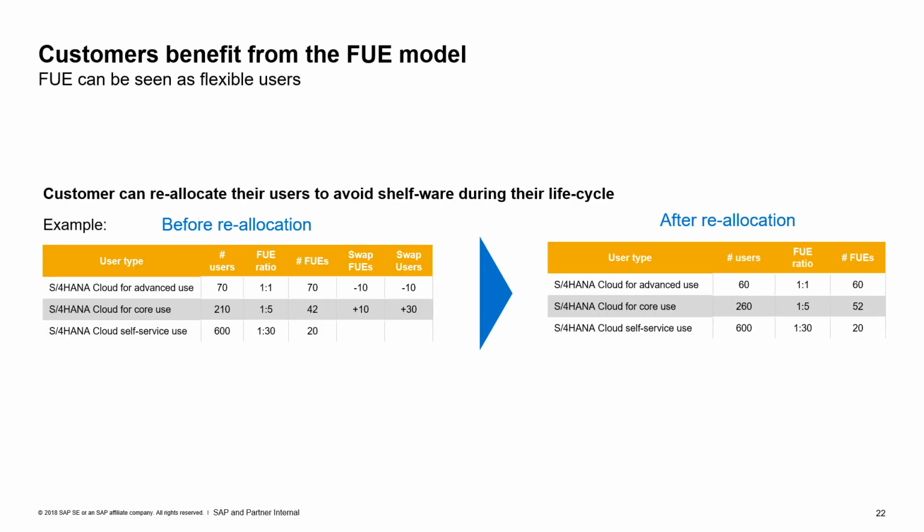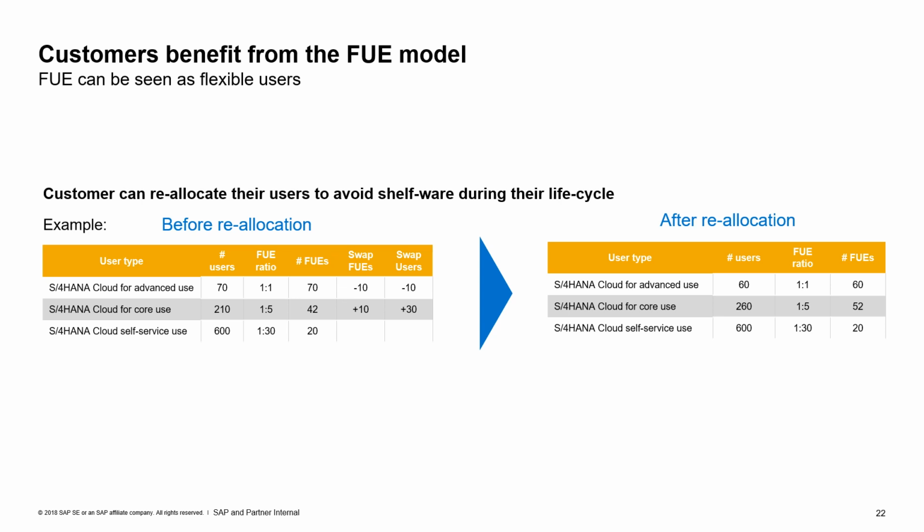Our customers love the concept of a full user equivalent model. This is because they do benefit from this as their business changes. A full user equivalent can be seen as flexible users, and customers can reallocate their users to avoid shelfware during their life cycle.